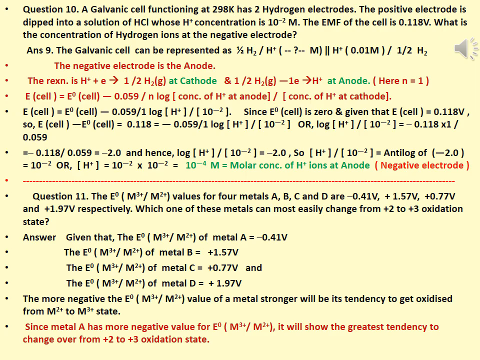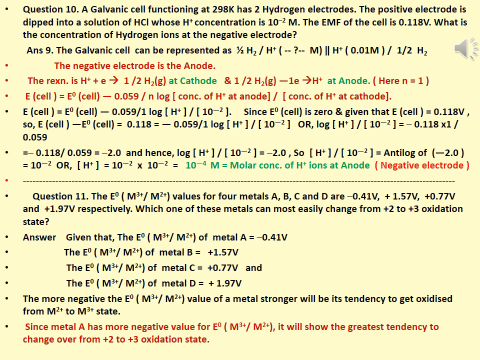Since both the electrodes are hydrogen electrodes, E naught cell would be 0, so we can safely put E naught cell as 0. So E cell is 0 minus 0.059 by 1, n is equal to 1, log of the molar concentration of H plus ions divided by the concentration of H plus ions at the cathode, which is 10 power minus 2.